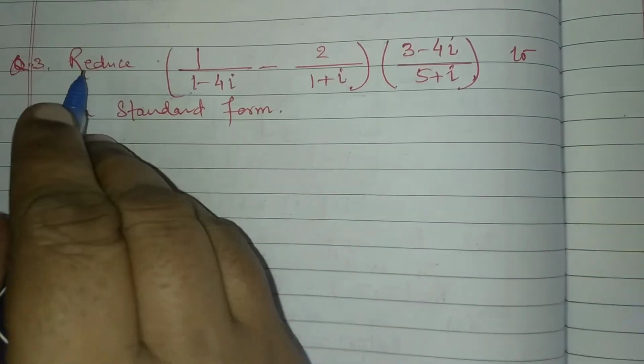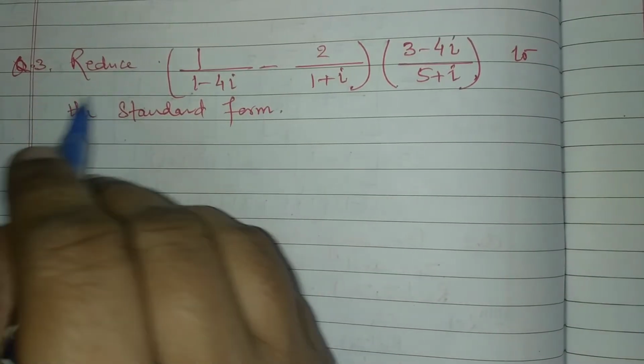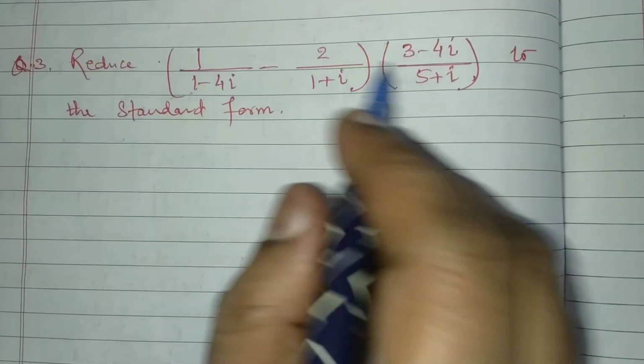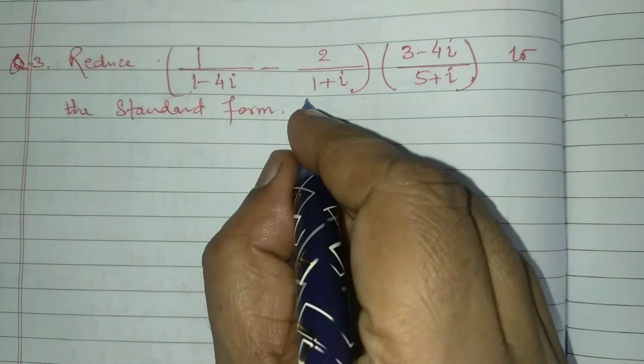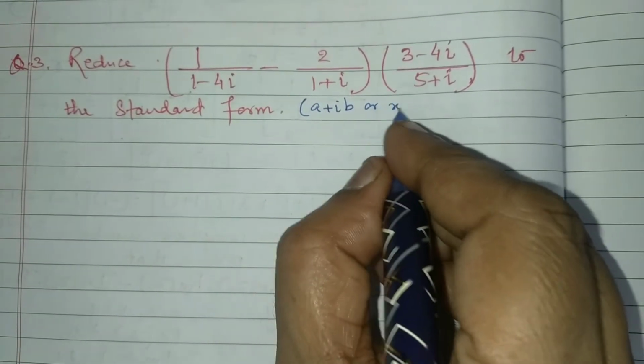Now here, reduce the question number 3 of miscellaneous. Reduce this whole complex number to standard form, means in the form of a plus ib or x plus iy.